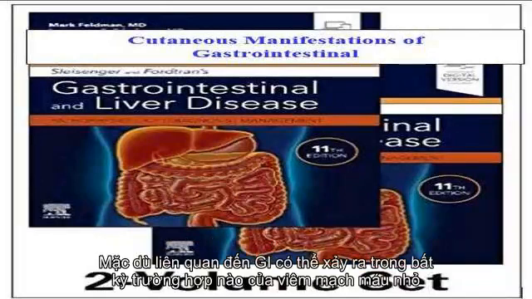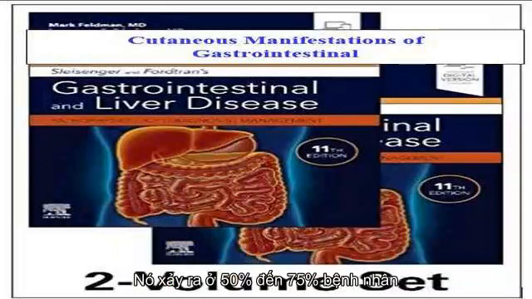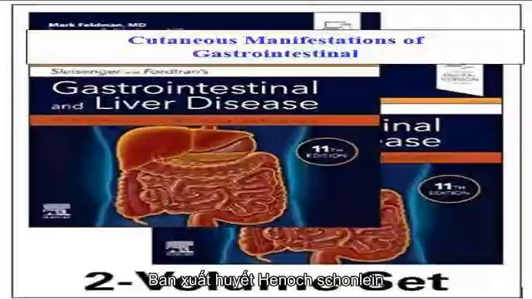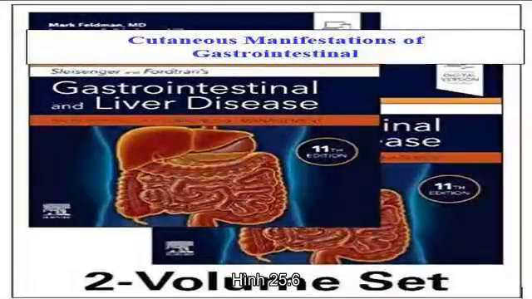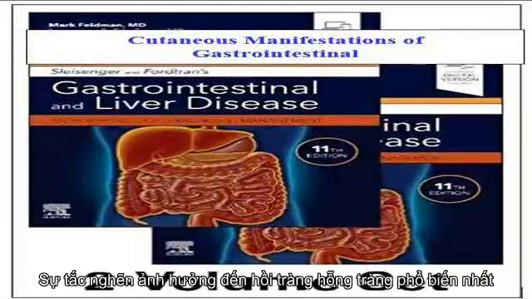Although GI involvement can occur in any case of small vessel vasculitis, it occurs in 50% to 75% of patients with Henoch-Schönlein purpura, Fig 25.6. Vasculitic hemorrhage, bowel wall edema, and intussusception affect the jejunum and ileum most commonly.